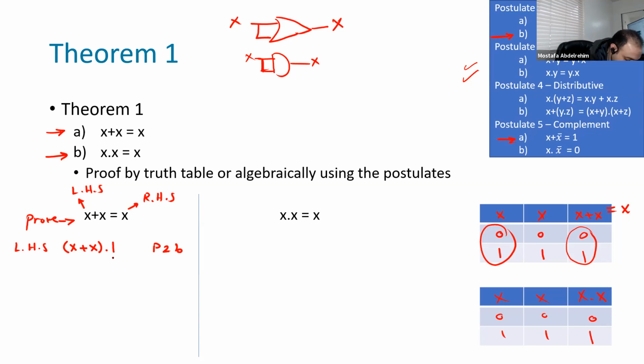So we can replace this 1 here using postulate 5a, which is x or x bar. So this will lead us to x or x, no change, but the 1 we will substitute with x or x bar. This is postulate 5a.